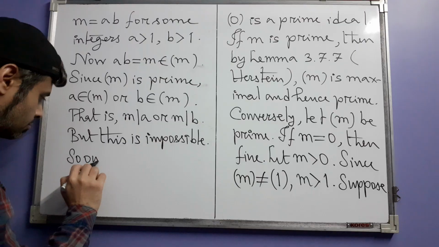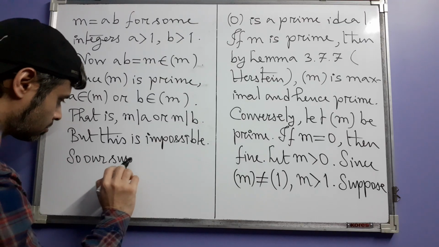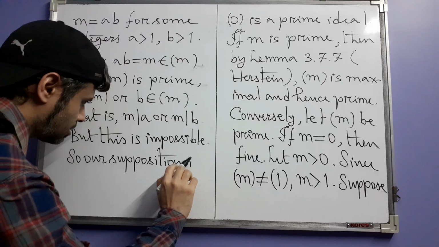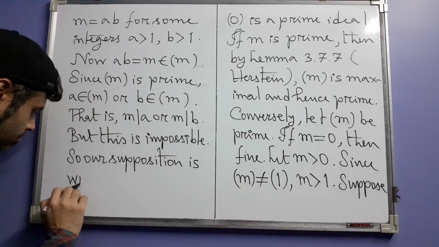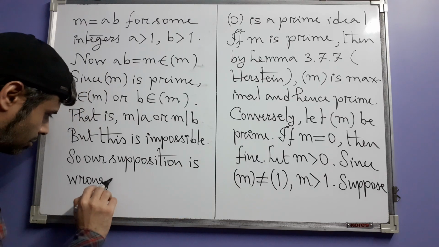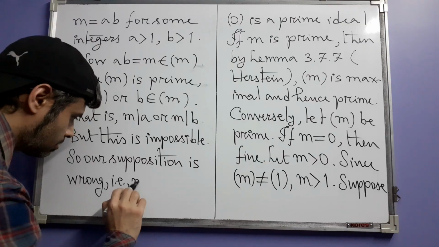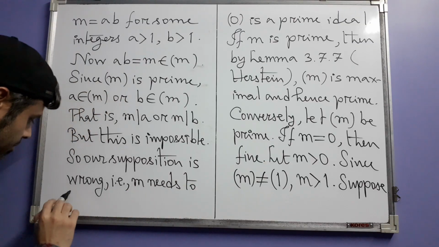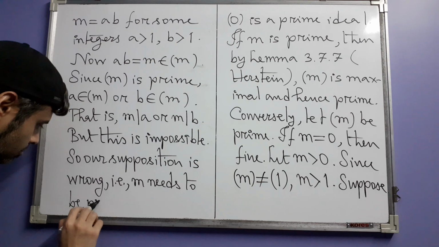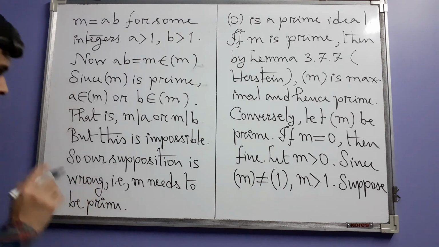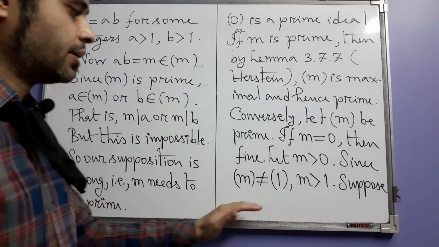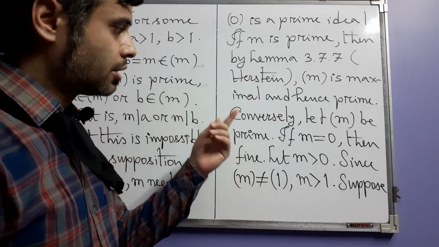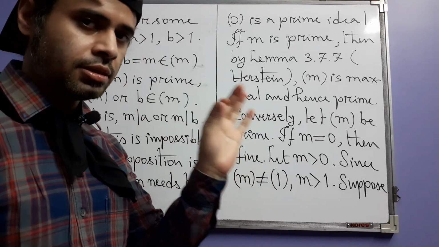So our supposition is wrong, i.e. m needs to be prime. So we see that in the ring of integers, the prime ideals correspond to the prime numbers and the integer 0.